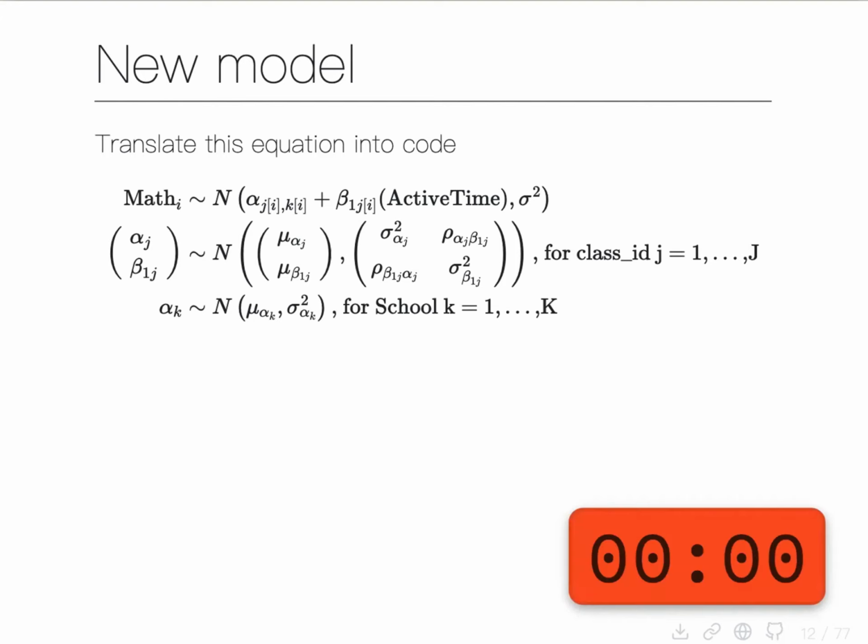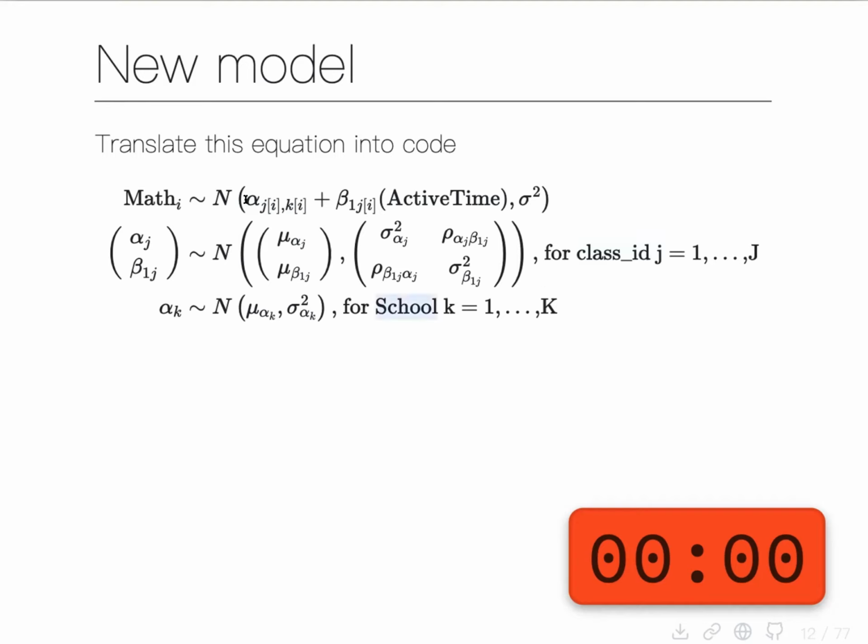Okay. So here we go. We have math as our outcome. That's pretty clear. And when we're looking at this part, we're saying math is assumed generated from a normal distribution that has this mean structure. Alpha is our intercept, and notice that we have a J and a K here. If we look down, we can see we have class ID and school.